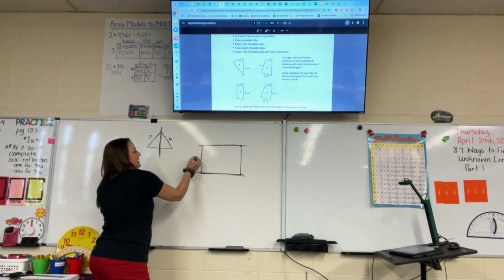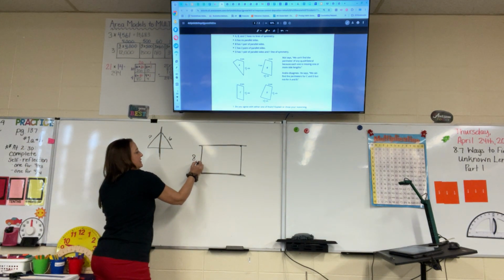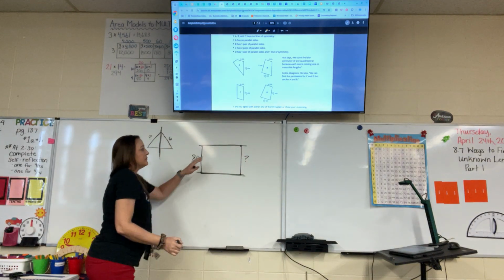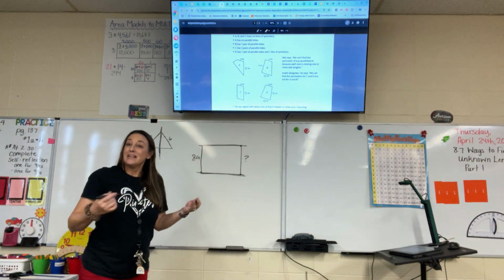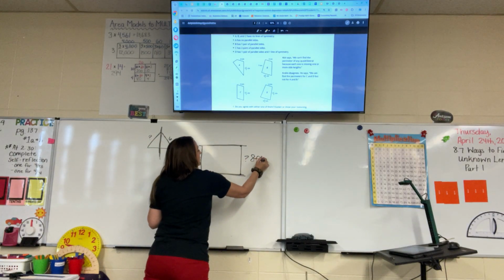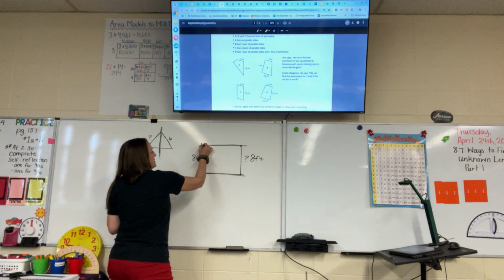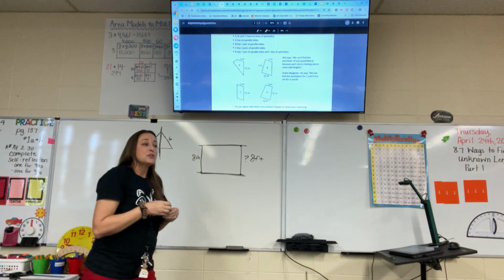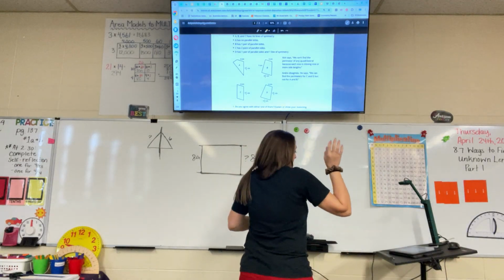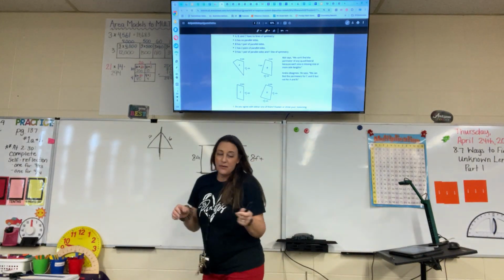So if this wall is 8 feet tall, but we don't know this one, if these two are parallel, it's got to be 8 feet also, because that's how parallel works. So that's why they mention the parallel and the lines of symmetry on this.